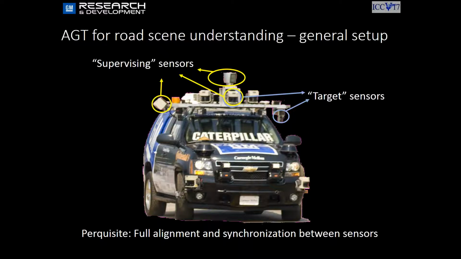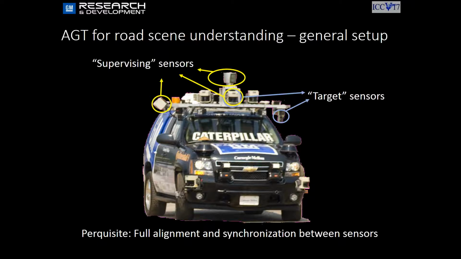So all these are examples of automated ground truth. I'll try to scope it in a more general way. In the most general setting, we have a vehicle that is driving, and on this vehicle there are multiple sensors, and we can divide them into two sets, which are not necessarily mutually exclusive.